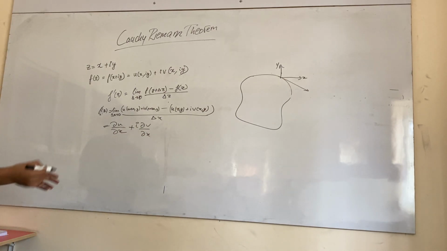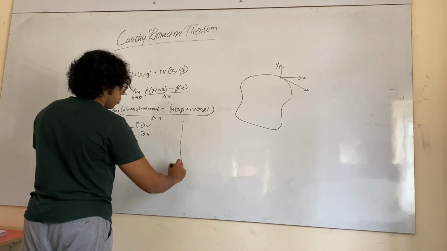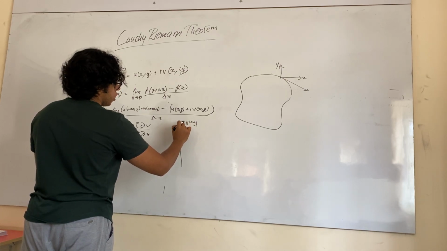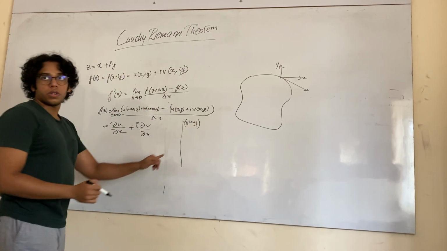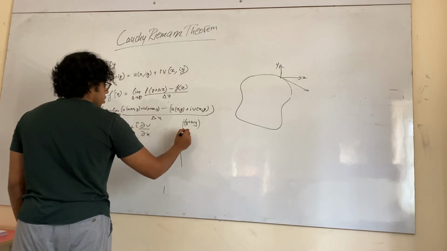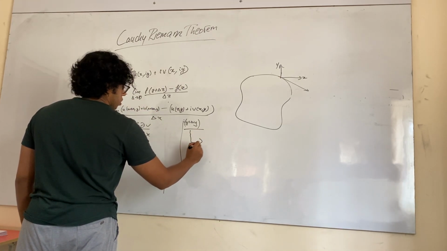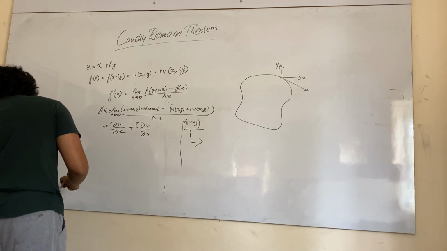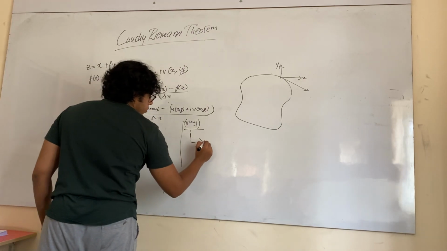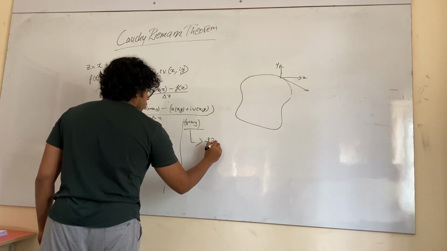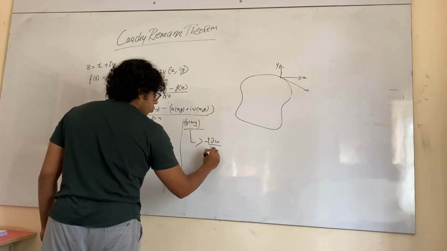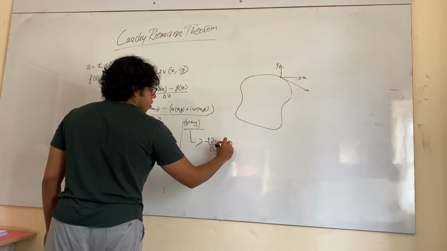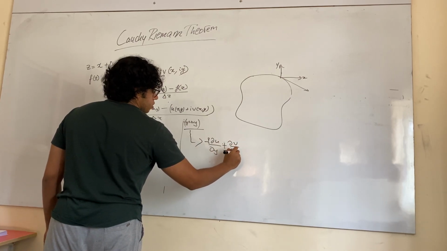The same thing when you do it with respect to delta y, y plus delta y, you end up with this particular relation: minus i du by dy plus dv by dy.